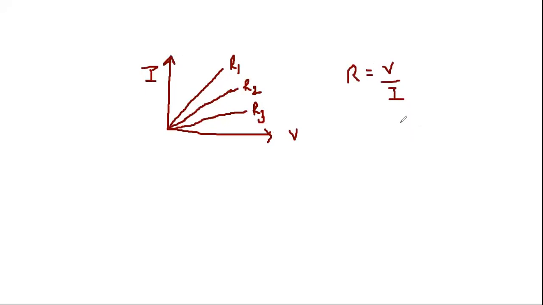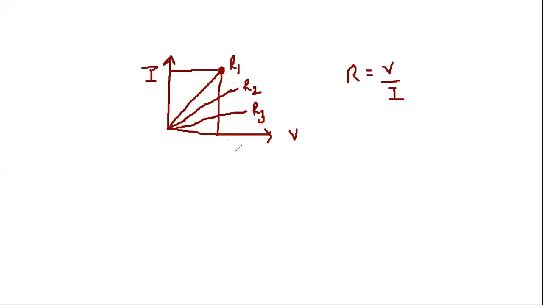For a given voltage V, for the first case R1, it is shown that the value of current is this, the value of potential is this.